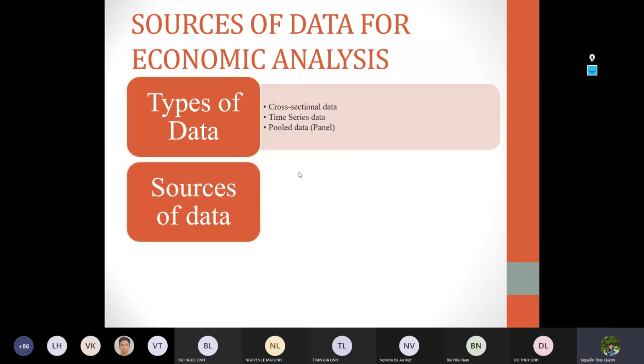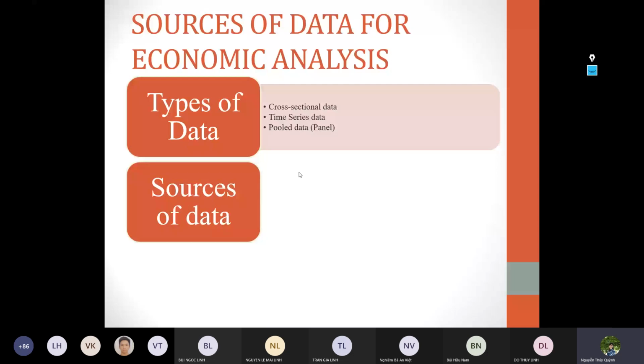For the source of data, in the previous lecture I have provided you with some sources of data for econometrics analysis. You can also find some more sources of data in Appendix E of the textbook.